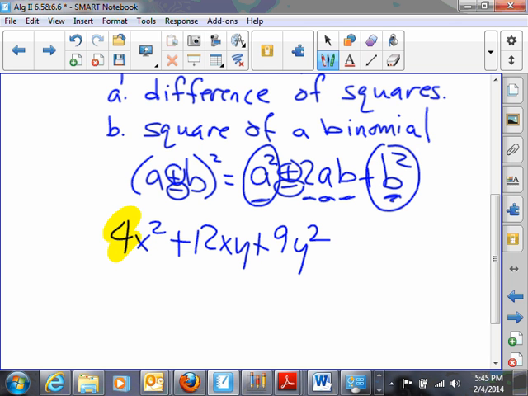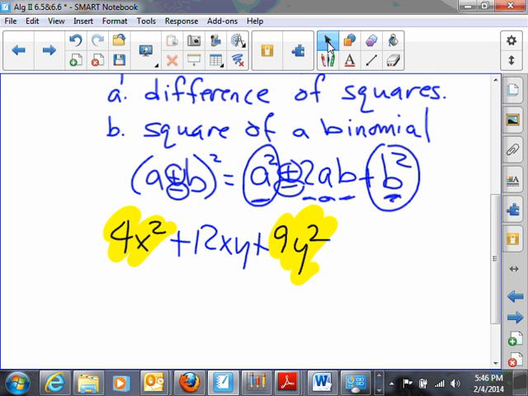4x squared is a square, because 2x times 2x will give you 4x squared. And 9y squared is a perfect square, because 3y times 3y will give you 9y squared. Now, the question remains, is the middle term 2 times 2x times 3y? And it is.